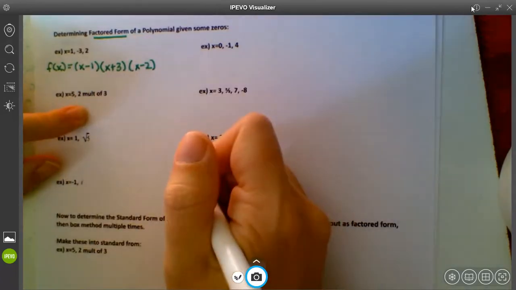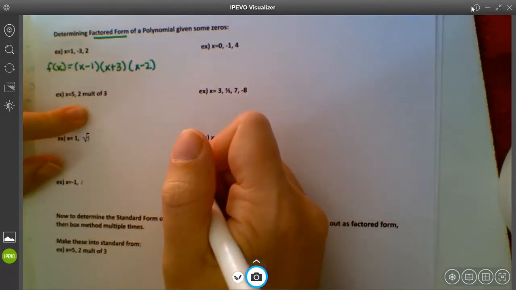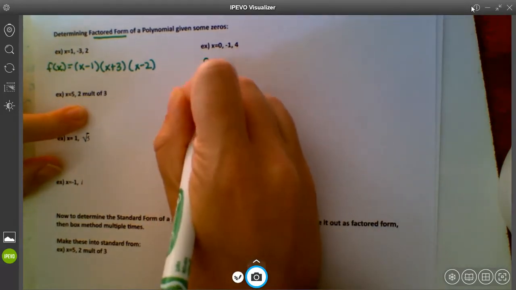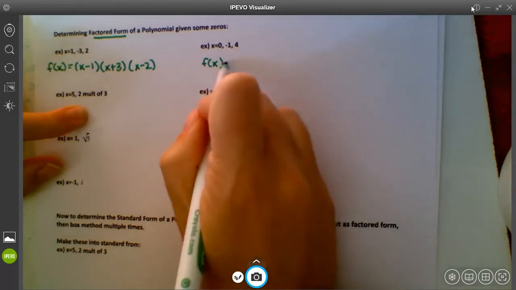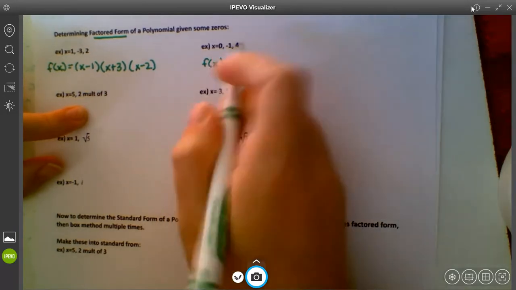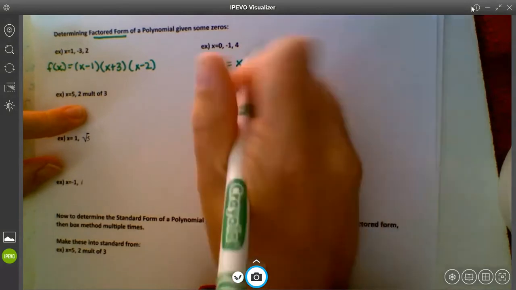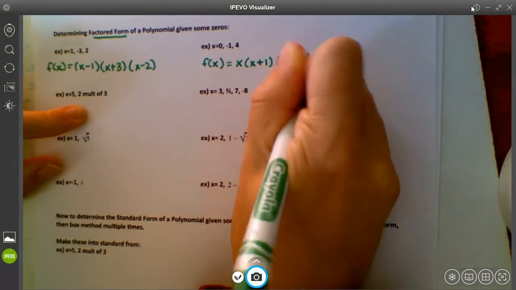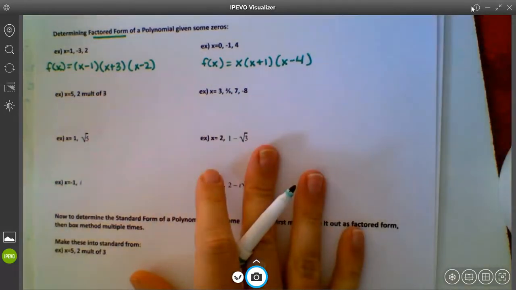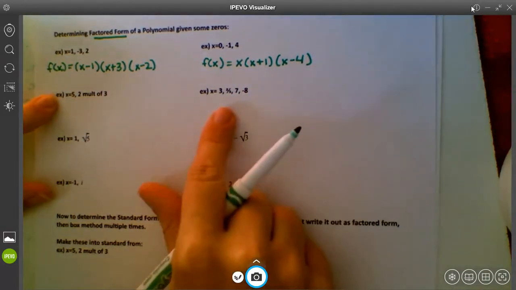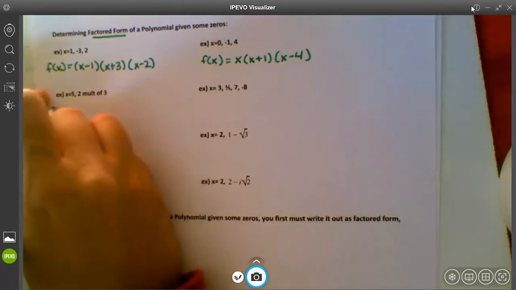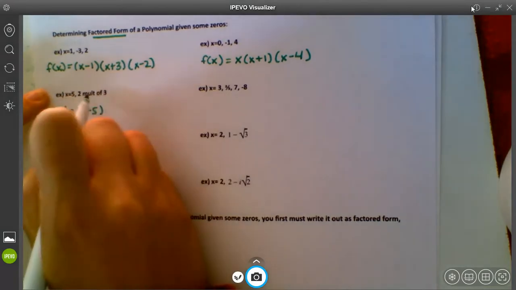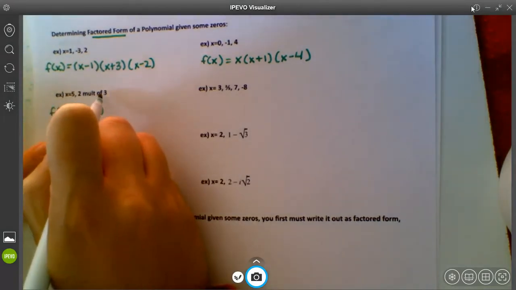And again, we've been doing this. So we shouldn't be too caught off guard when we see that if 0 is 0, its corresponding factor is x. Then we'll have an x plus 1, x minus 4. Still nothing new. We'll look here and here. Not much new is going on. We've got a 5, which gives me an x minus 5. And then it says 2 with multiplicity of 3.